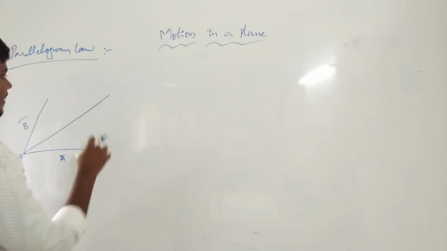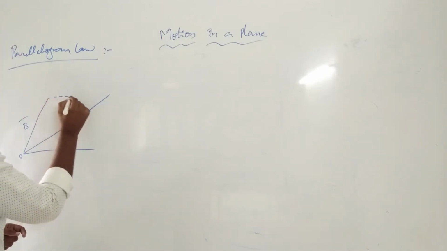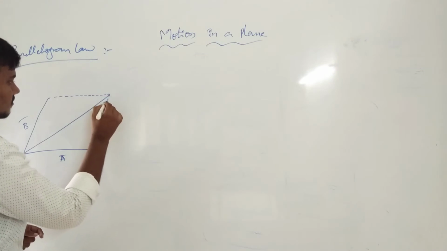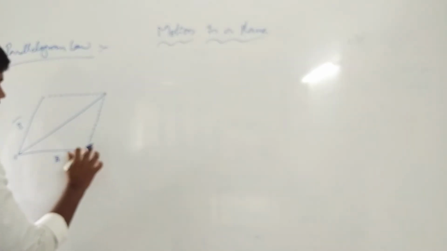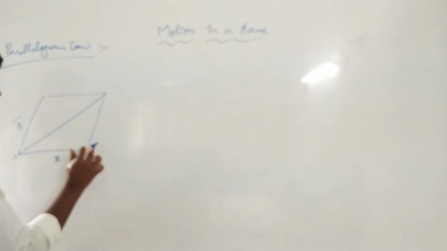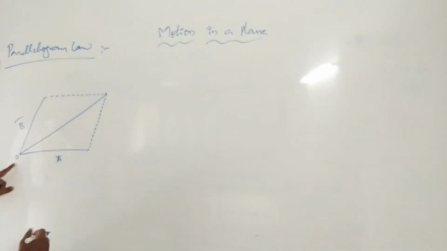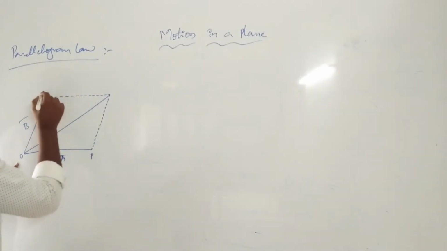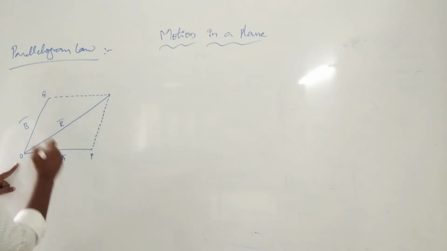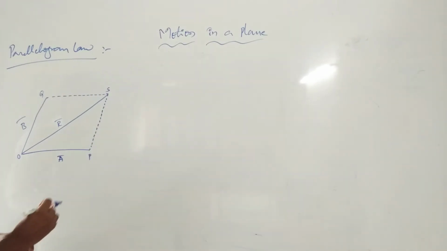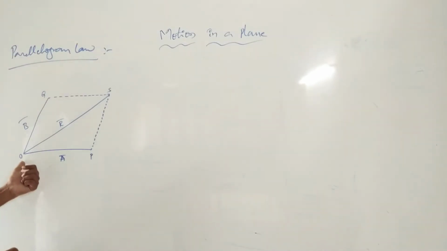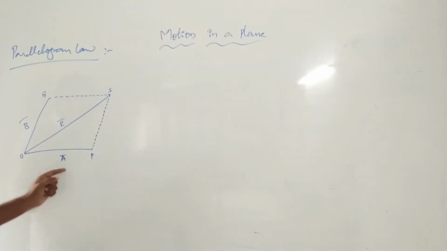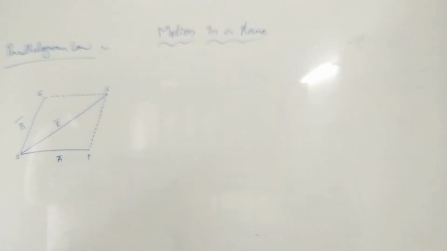All lines are joined: O, P, Q. O is the origin point, P is the end of OP, the first vector, which we take as A bar. The second vector, O to Q, is B bar. The resultant vector along the diagonal is R bar.